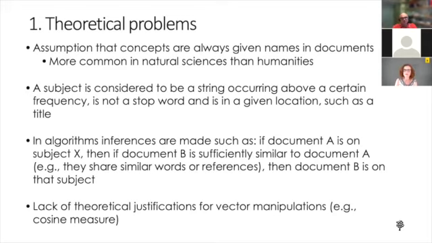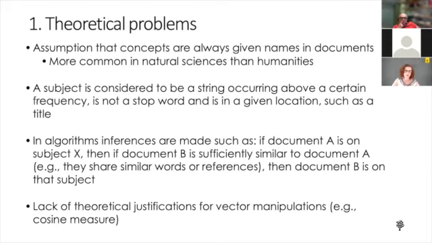Also, a subject is considered to be a string occurring above a certain frequency, is not a stop word, and is in a given location, such as title, because, as we said before, the TF-IDF weighting scheme can be adjusted so that higher weight is given to words found in title or abstract compared to those in the middle of a book, for example. Again, this is problematic because, think of humanities text, this would not really work that well.